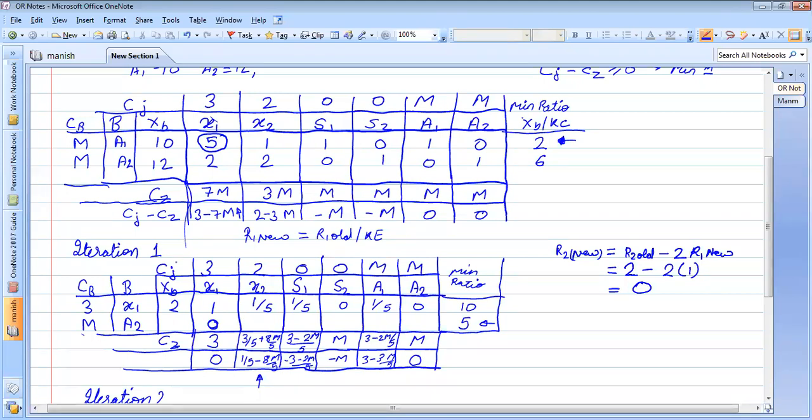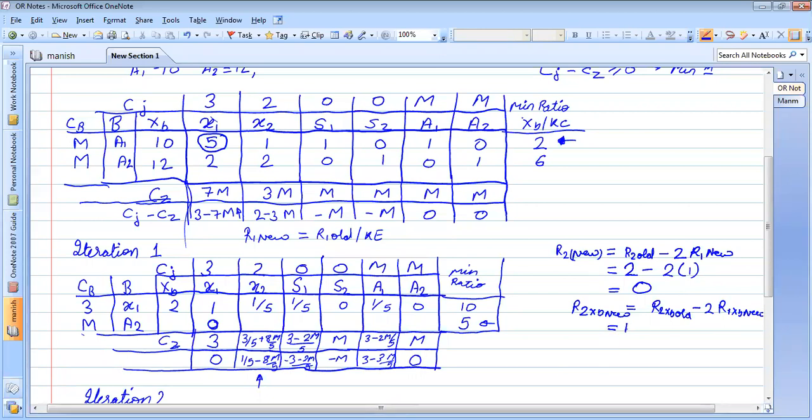So if I perform this operation on the entire row, for this element, it is 12. So R2 XB new is equal to R2 XB old minus 2 times R1 XB new, isn't it?